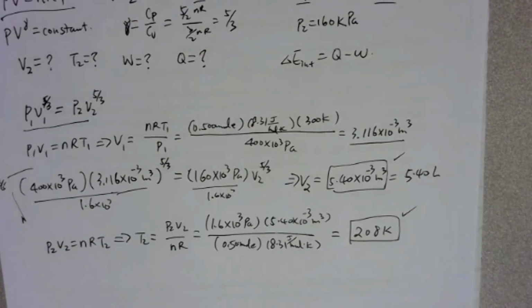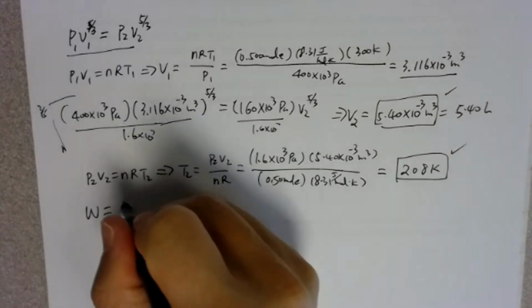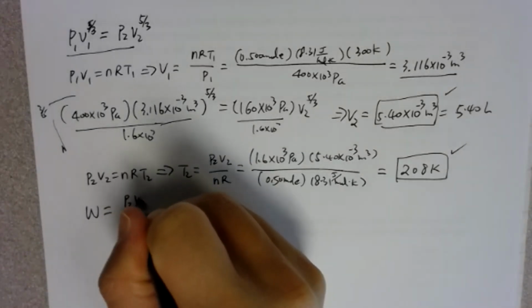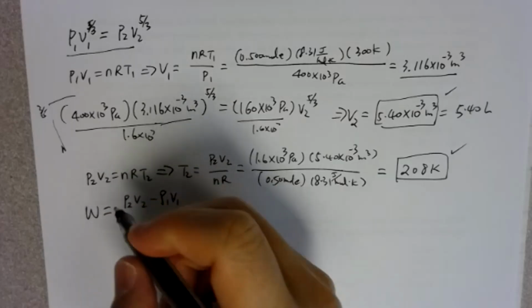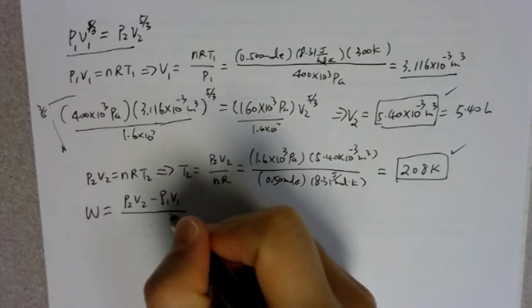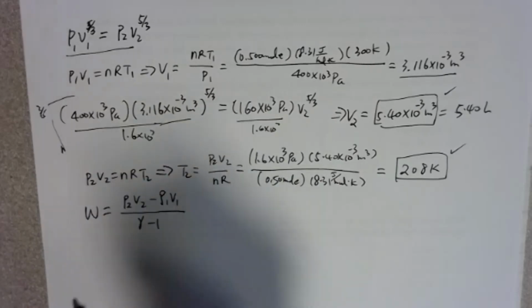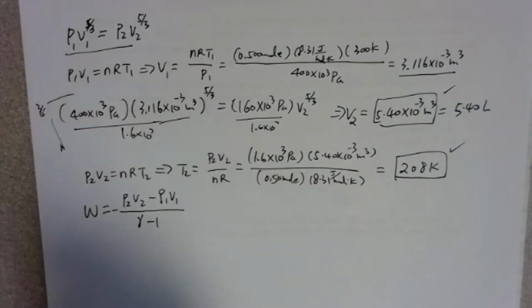We are looking for the work done and Q. For the work done, the equation to use is P final V final minus P initial V initial, divided by gamma minus 1. You can go up a couple of slides back and find the equation, but there will be a minus in the front.